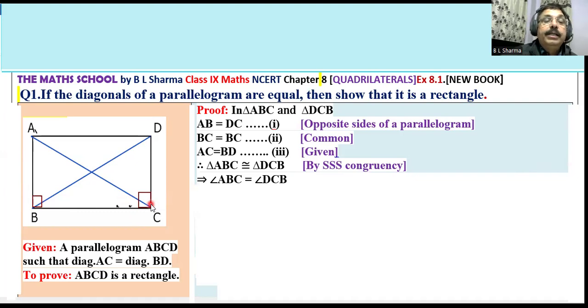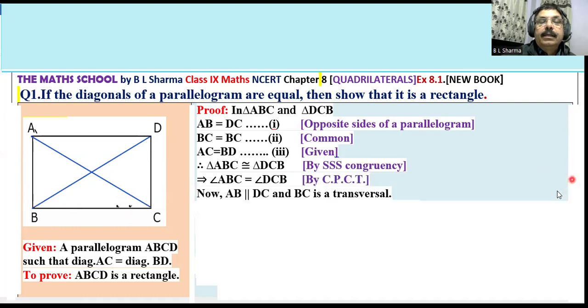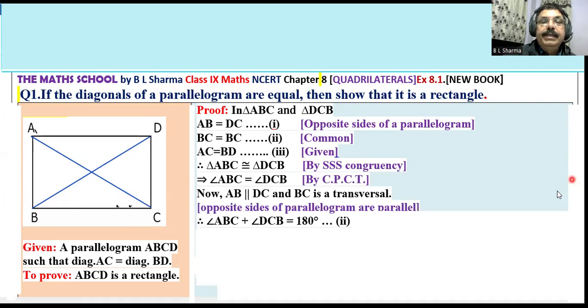These are co-interior angles. So we can say, since AB is parallel to DC and BC is transversal, angle ABC plus angle DCB is equal to 180 degrees. But we already have proved here that angle ABC is equal to DCB.